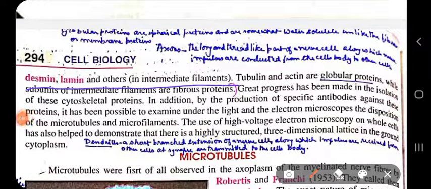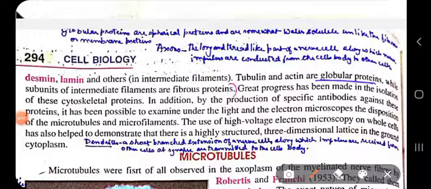Okay, now tubulin and actin are globular proteins, while the subunits of intermediate filaments are fibrous proteins. What are globular proteins? I have mentioned in this book, but I will try to say here.